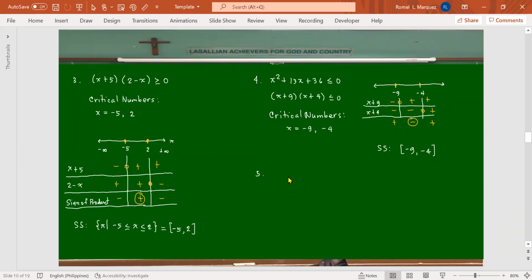Let's say I have 9x minus x squared plus 36 minus 4x, that is negative x squared plus 5x plus 36, greater than 0. What about this, guys?